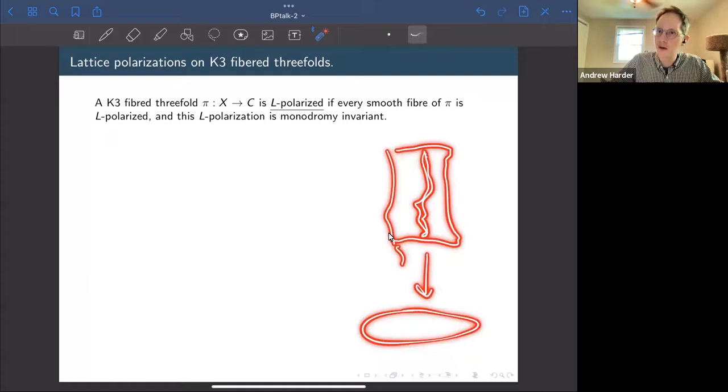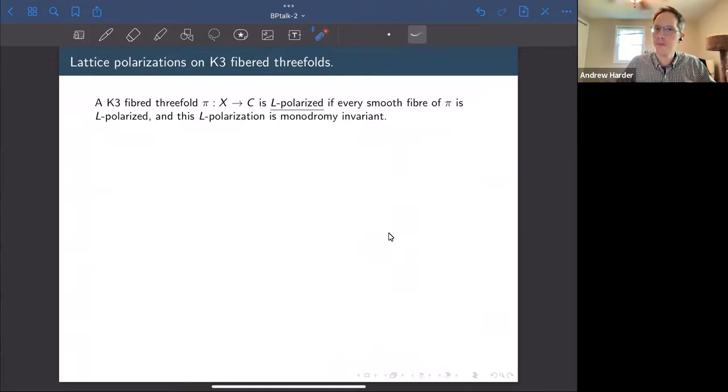So for each fiber, if I have a lattice polarization, and this lattice polarization is not disturbed by monodromy, so there's always going to be a monodromy action on your Picard lattice, so the image of this L polarization. But if it's not disturbed by monodromy, then I'll say that the family is L polarized. So this is a very loose phrasing of the definition, but it's relatively straightforward.